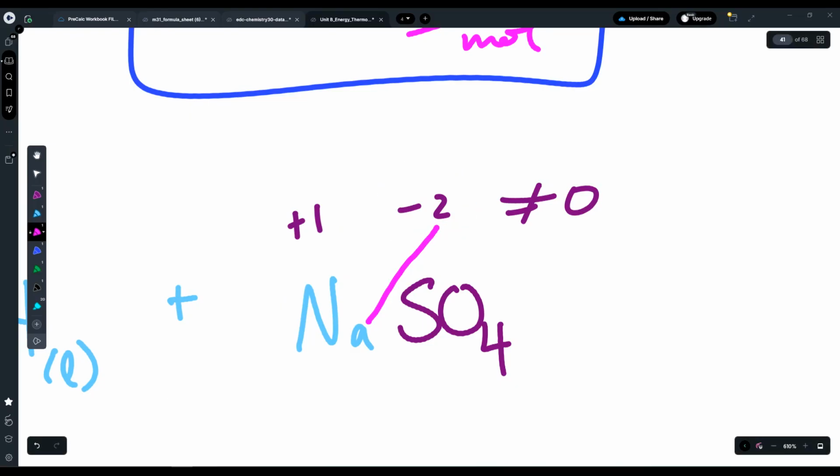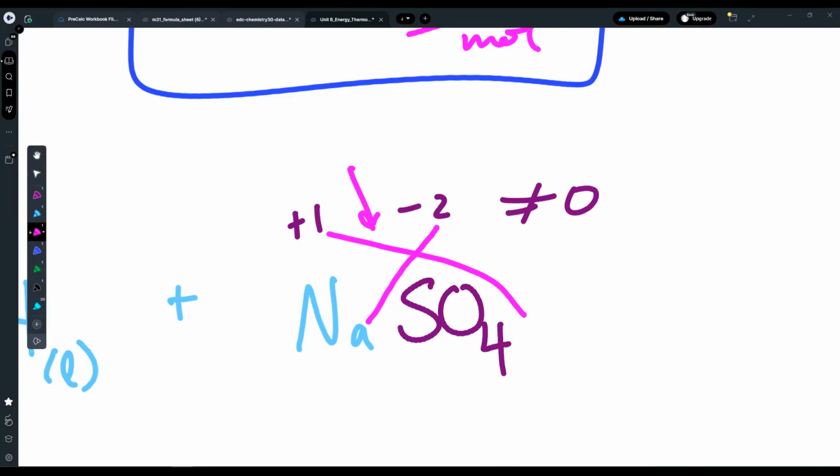Okay, so this is where the crisscross applesauce part comes from. Okay, I'm just taking the 2 from here and putting it behind sodium. Now, for sulfate, I only need 1 of them, so I don't need to write a number. Okay, and also if I did write a number, that would be very confusing because it looks like we have 41 oxygens here.